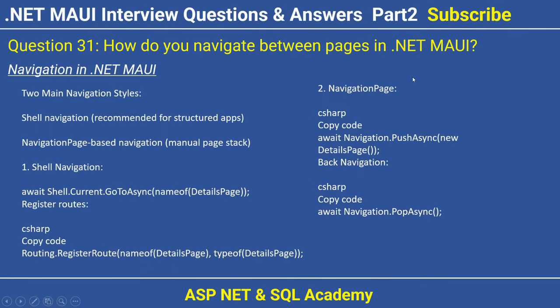In .NET MAUI, navigation can be done in two main ways, using Shell navigation or NavigationPage. Shell navigation is preferred for apps using a structured layout. Example: await Shell.Current.GoToAsync(nameof(DetailsPage)).